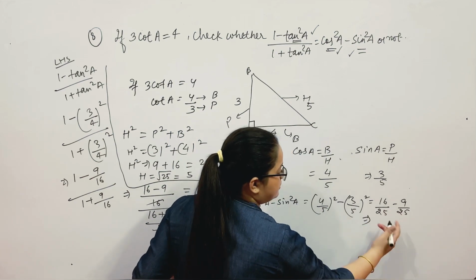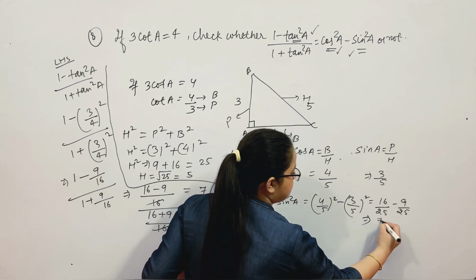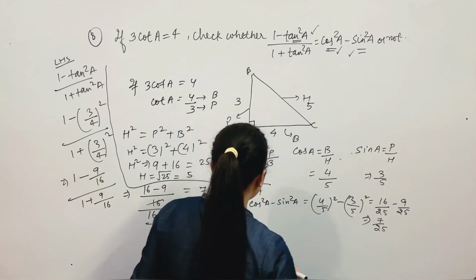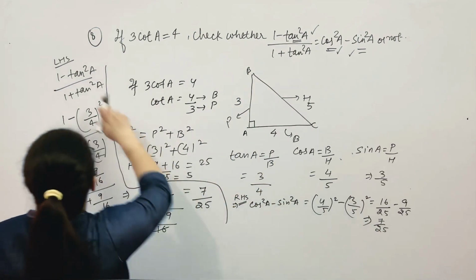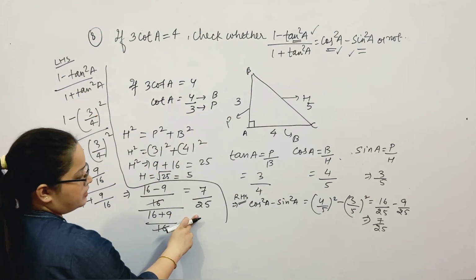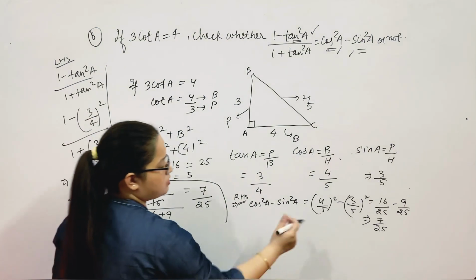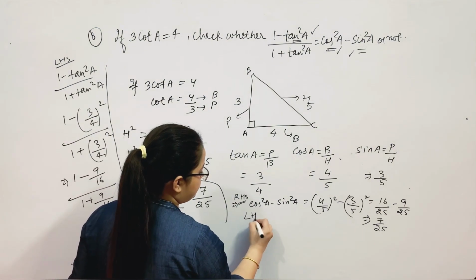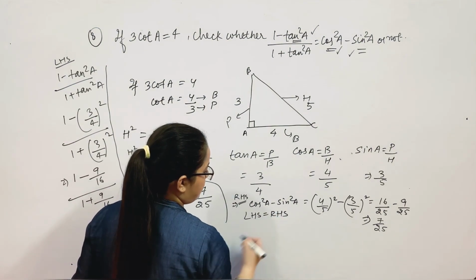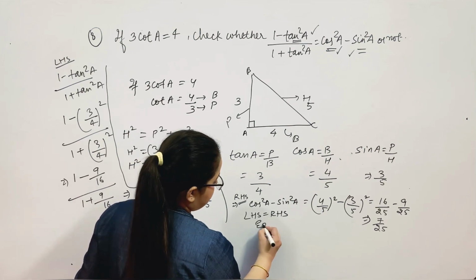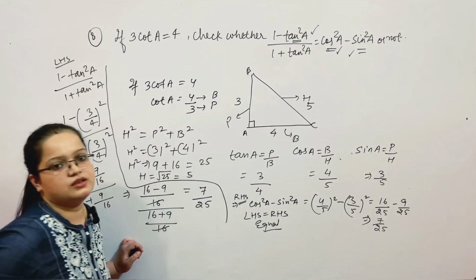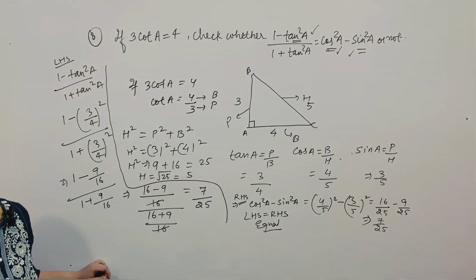The denominator is the same, so 16 minus 9 is 7 over 25. So here LHS is 7 over 25 and RHS is also 7 over 25. That means LHS is equal to RHS, so they are equal. Hope you understood. Let's take another question.